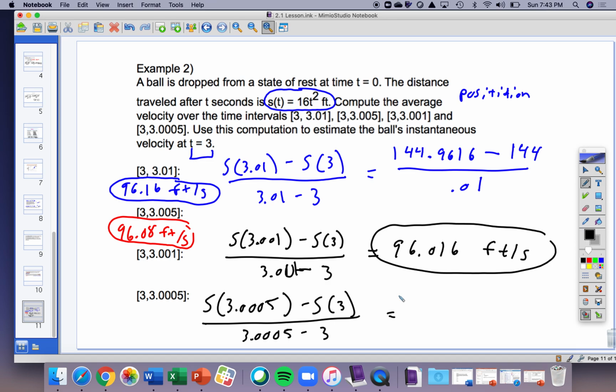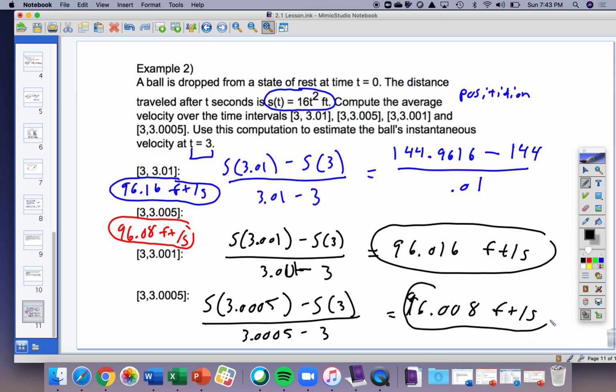Again, I will use my calculator. I get 96.008 feet per second.